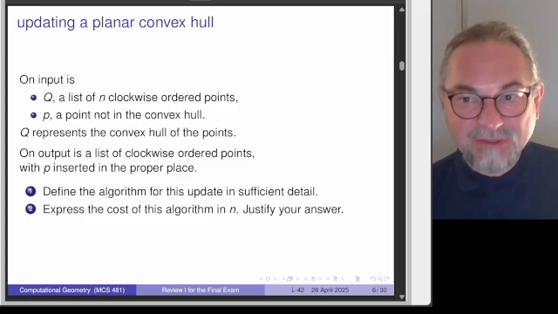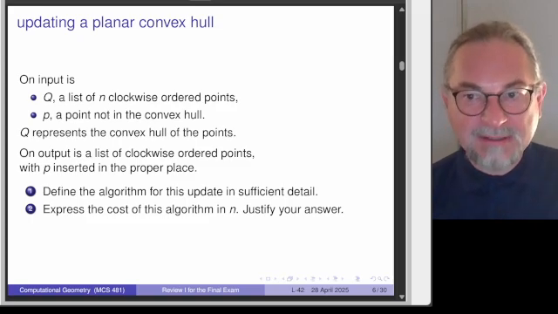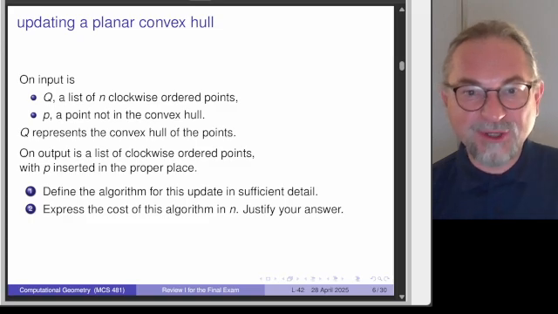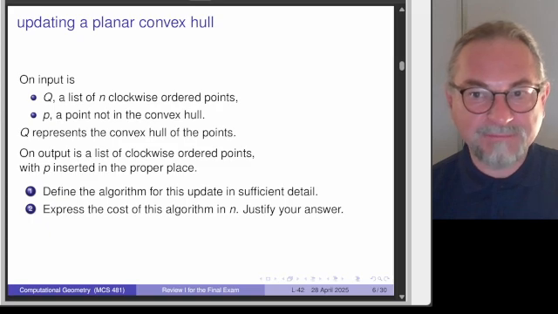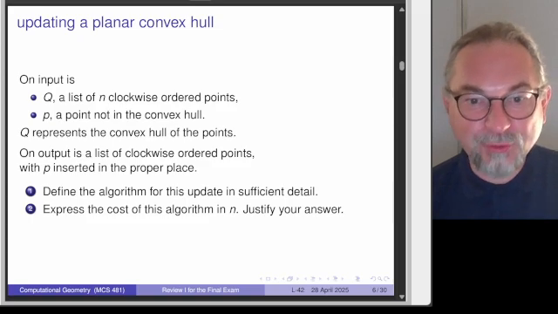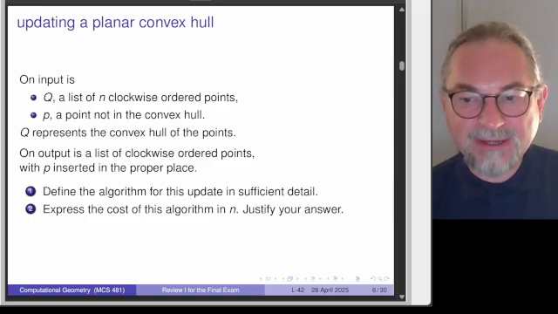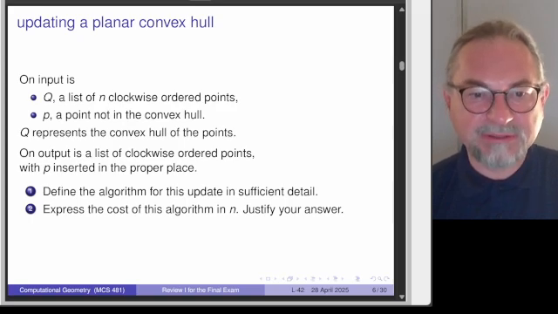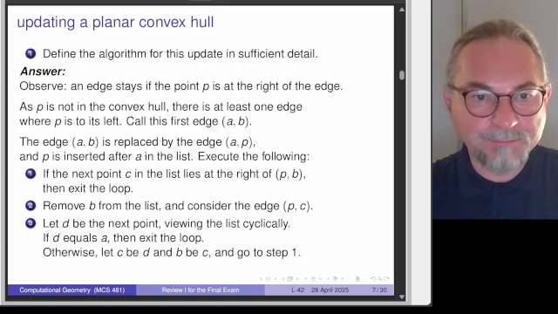But it's not the same hardness as with sorting, as with constructing the convex hull itself. So we will actually see that you can do this in linear time, linear in the number of points, the size of your input list Q.